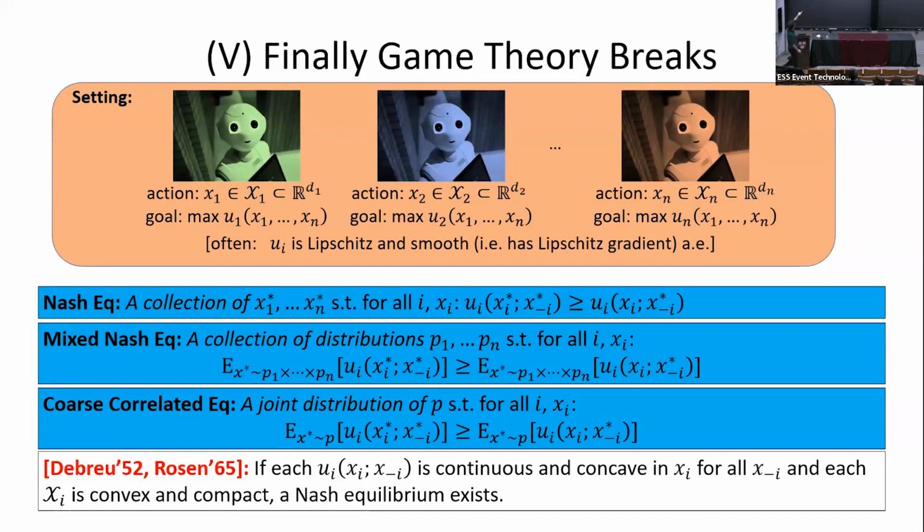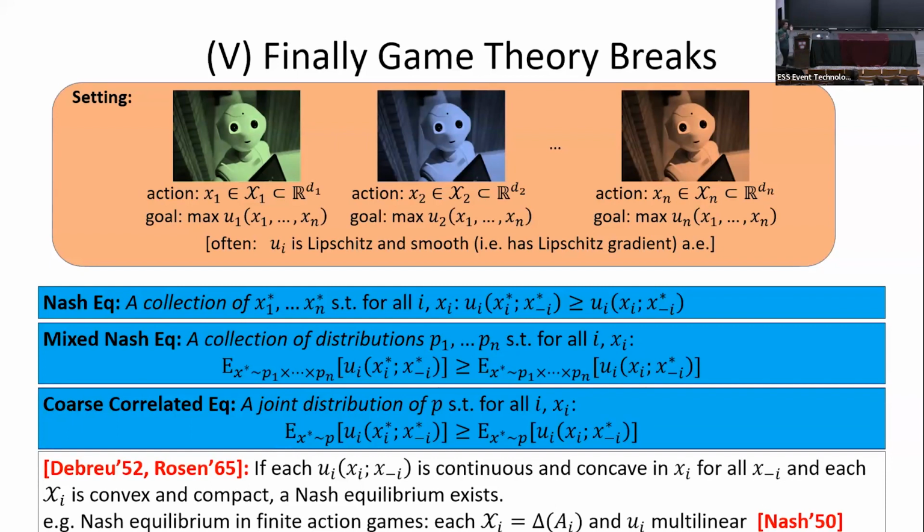And already this result implies Nash's fundamental result in game theory. Nash was considering a simpler setting where every agent has a discrete set of actions and their X_i is a distribution over them. So for Nash, this X_i was the simplex whose corners are a discrete set of actions, and the U_i are multilinear functions in these distributions X_i. This theorem implies Nash's theorem. It's one of the most important things in game theory.